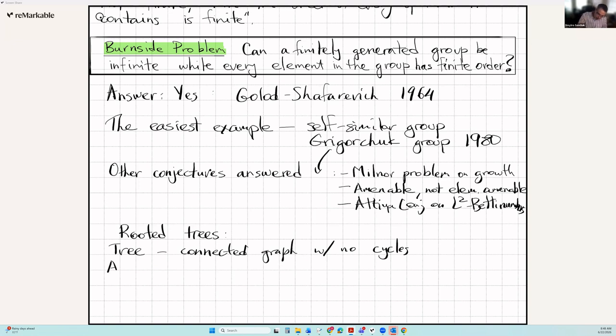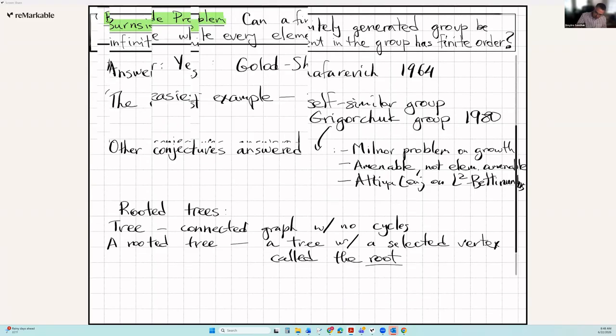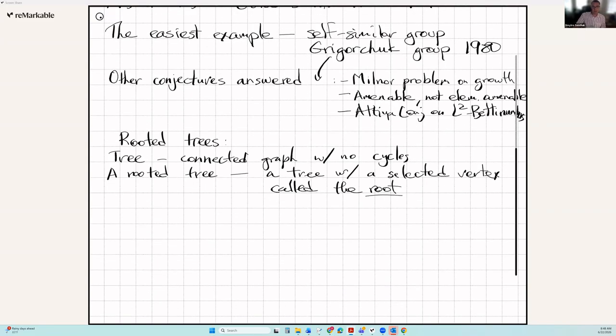So a rooted tree is just a tree with a selected vertex called the root. Some of the trees are finite, but we're going to study only infinite trees, specifically in the context of these groups.